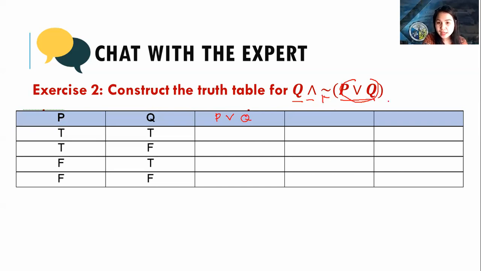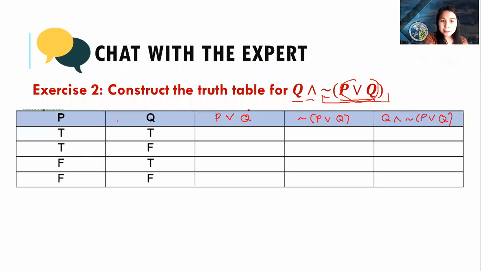Then we go outside, not P or Q. Then the last, Q and not P or Q. Here, don't worry. In your quiz, I've given the headings. You just need to fill out the one inside.